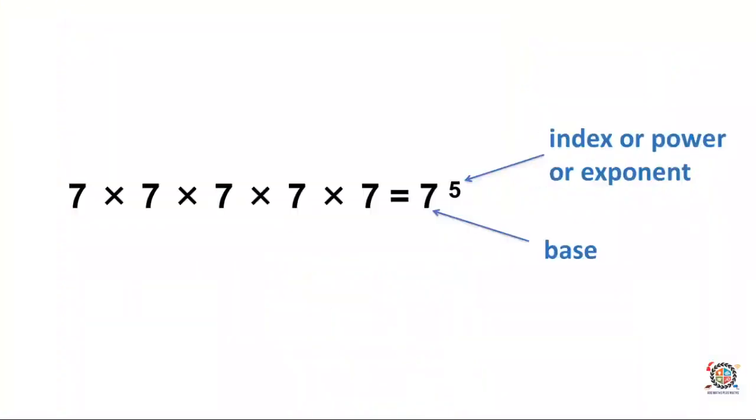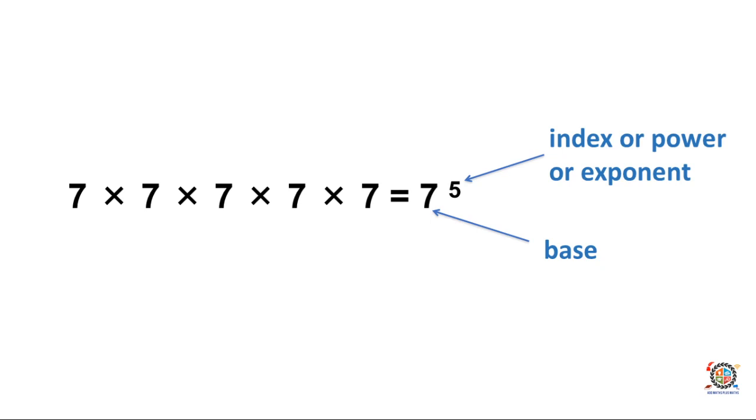First thing that you need to understand is what we mean by index, power or exponent. Index, power or exponent is the number of times you multiply a number to itself.